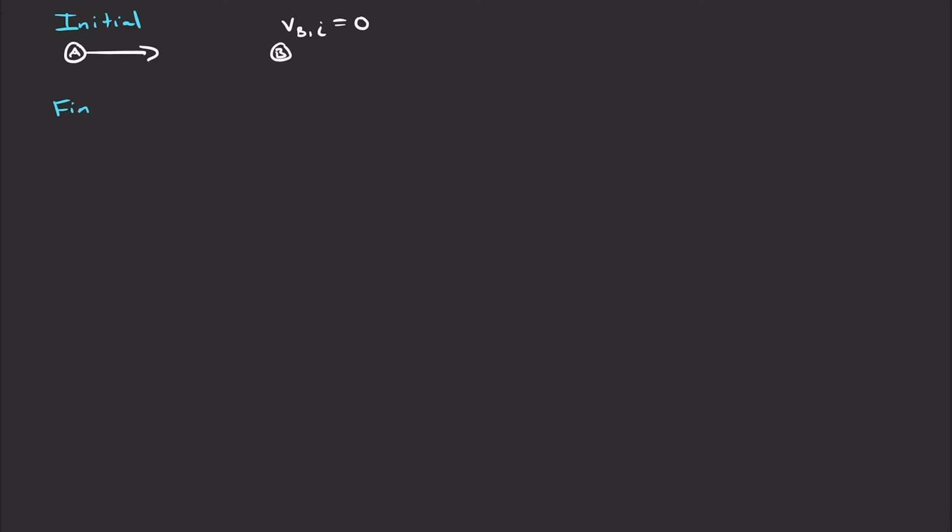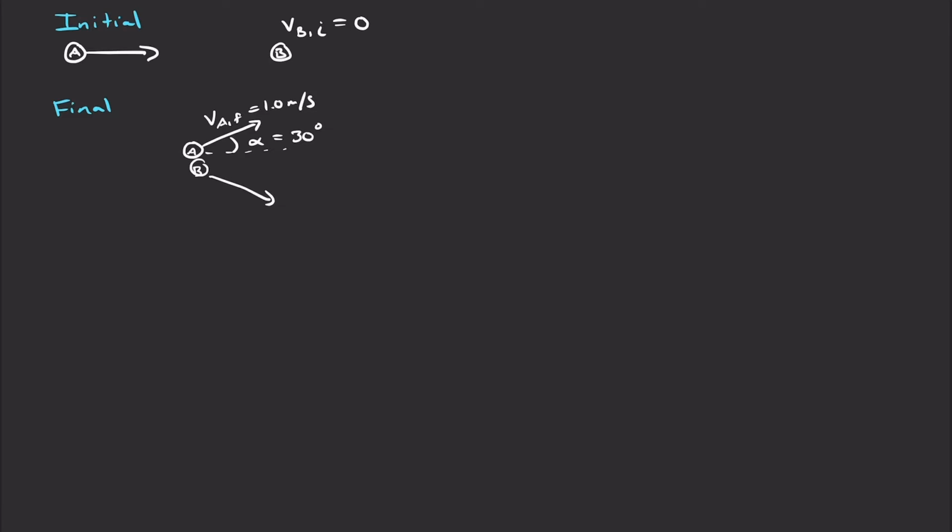My final state, they collide, and then A goes off at 1 meter per second at an angle alpha equals 30 degrees. This is A, and then B is going to go the other way, but we don't know B's final velocity or its direction. And so we want to find both of those.